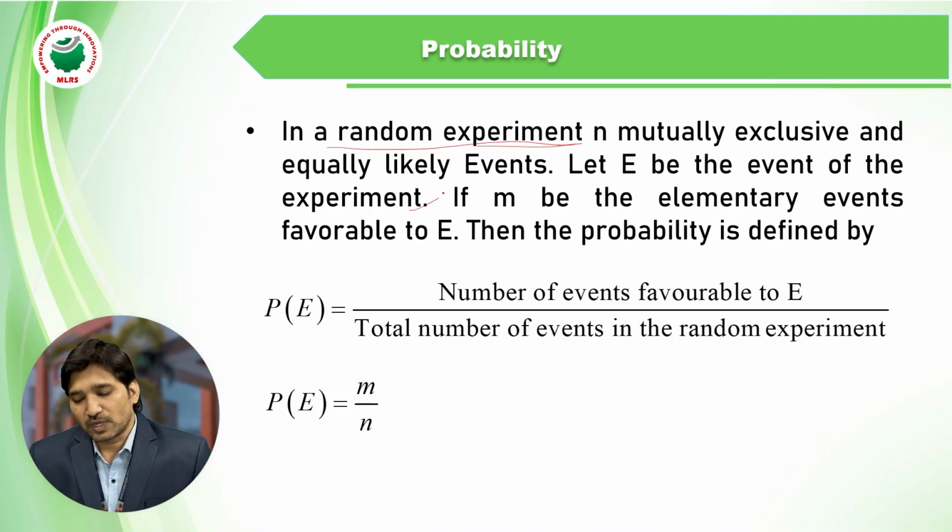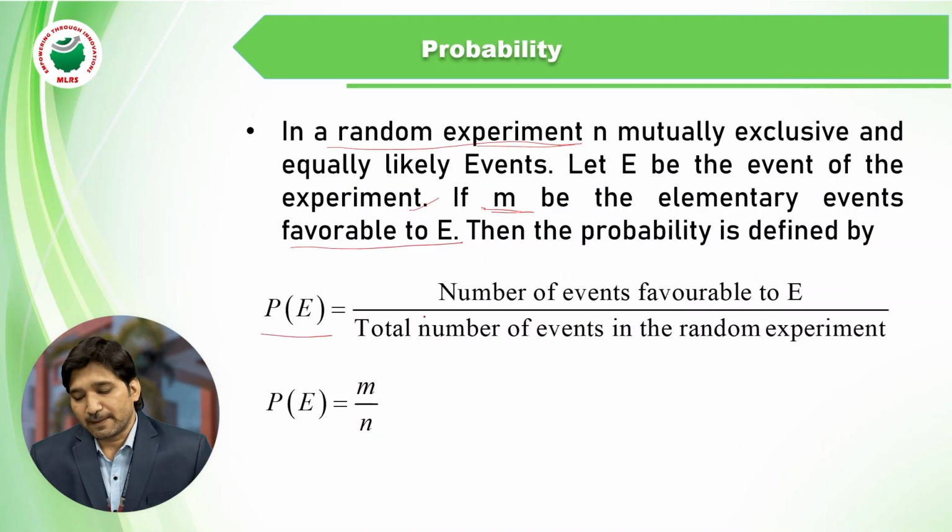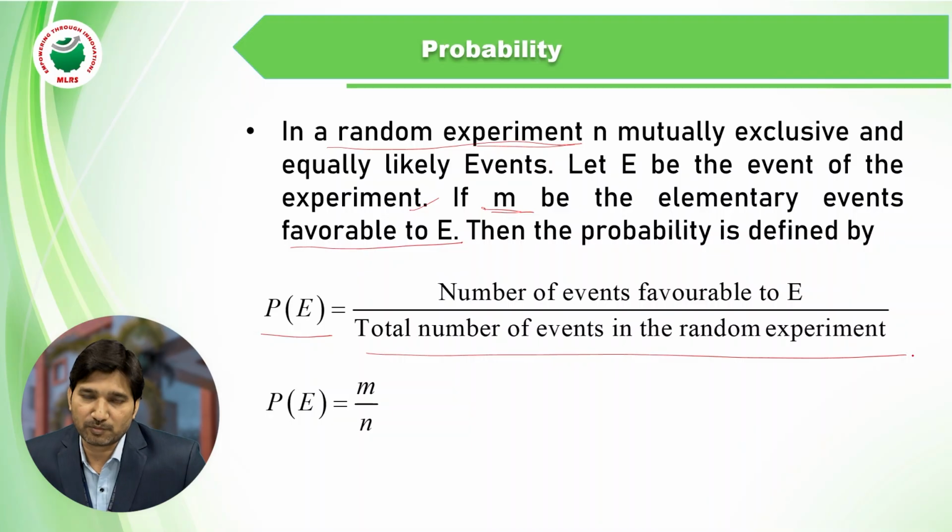If small m be the elementary events favorable to E, then the probability is defined by P of E equal to the number of events favorable to E divided by the total number of events in the random experiment.